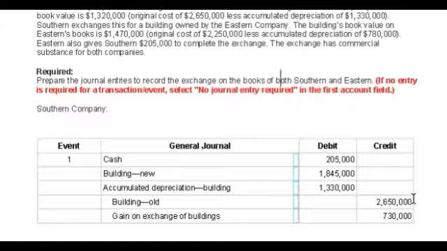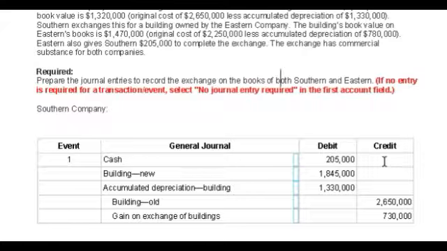And at the same time, what else do we have to do? We have to get rid of accumulated depreciation. So we know there was a depreciation of 1.33 because the problem told us so. It says the current existing building had 1.33 accumulated depreciation.